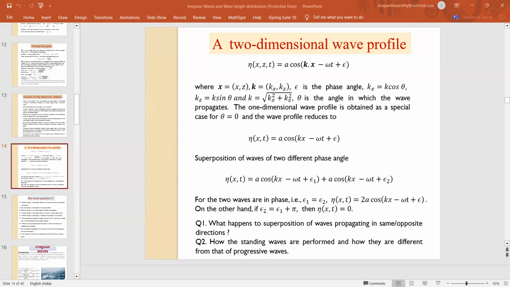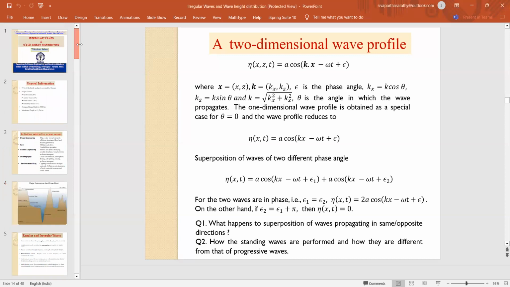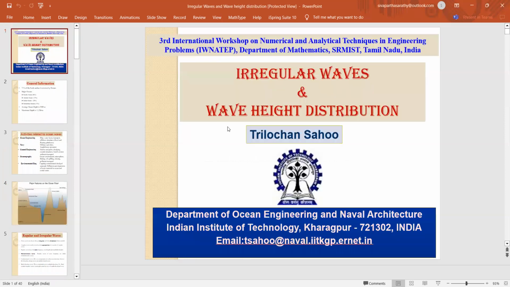An excellent lecture from Professor Sahoo. Let us give applause to this lecture. Thank you. I request Pratibhamoy to give a memento to Professor Sahoo.